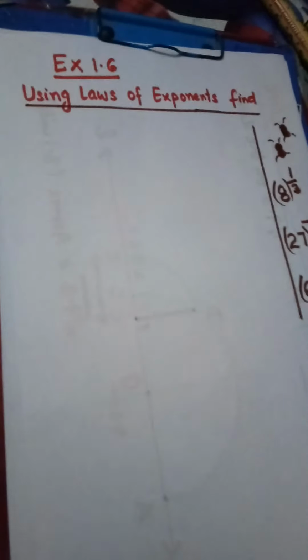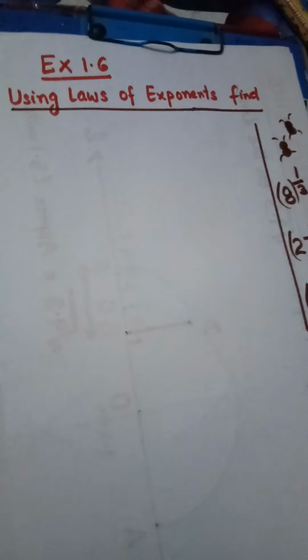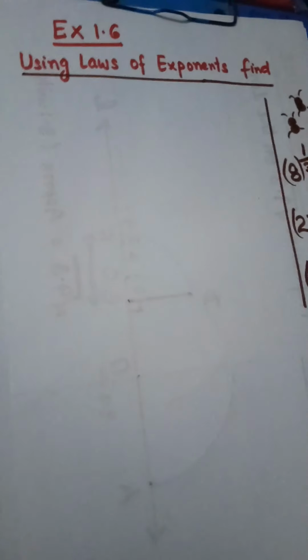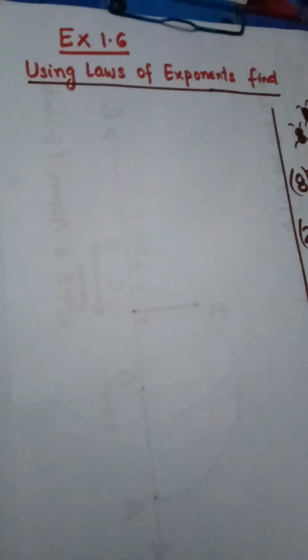I know that you have done these laws of exponents in class 8 also. So it is just an extension to those laws which you have done in class 8. For example, briefly I'm explaining the laws of exponents. When the bases are same and multiply sign is there, we add the exponents.